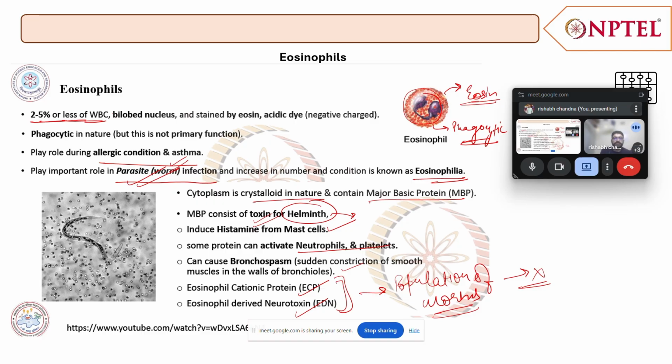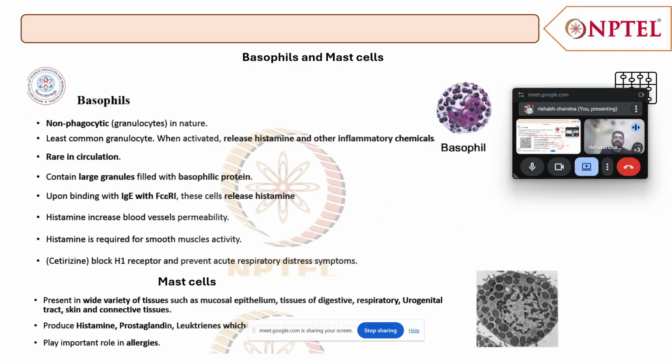Okay, so let's move on to the next cells, that is basophils and the mast cells. Basophils are non-phagocytic granulocytes and they are the least common. Even in some people, it is 0%. These cells help in type 1 hypersensitivity reactions.